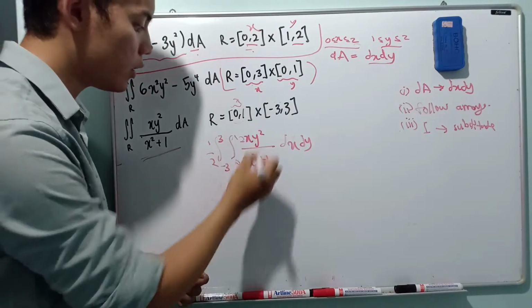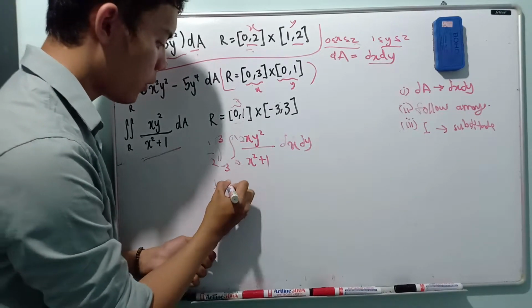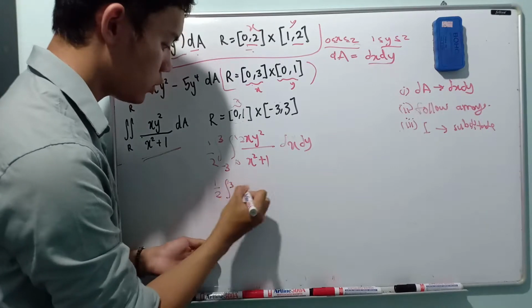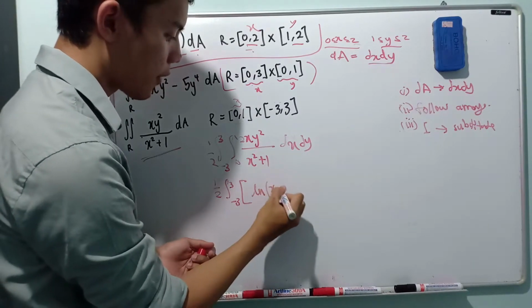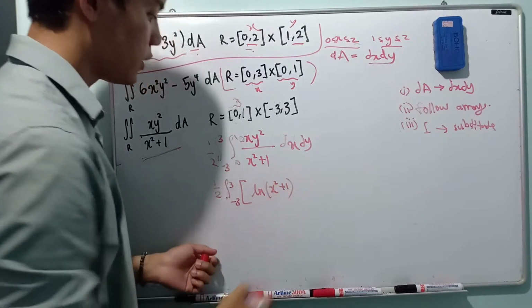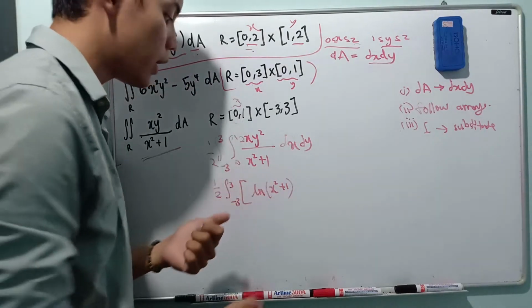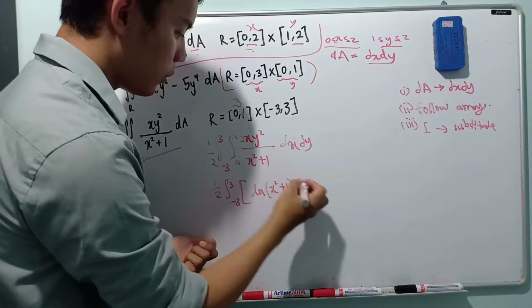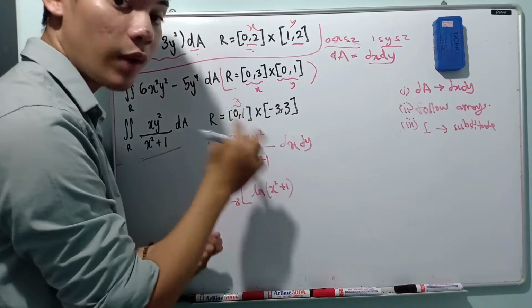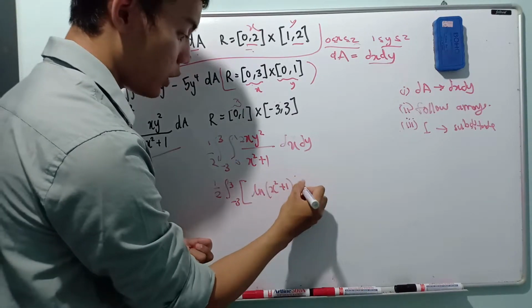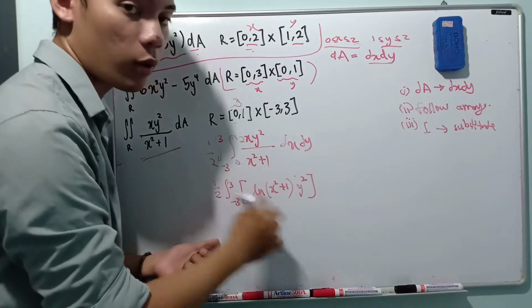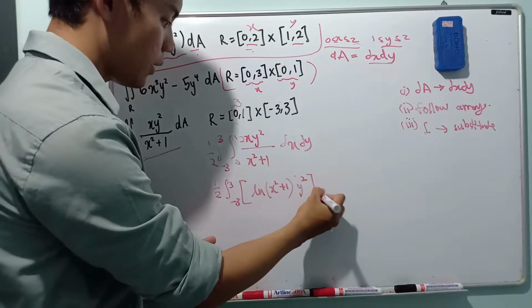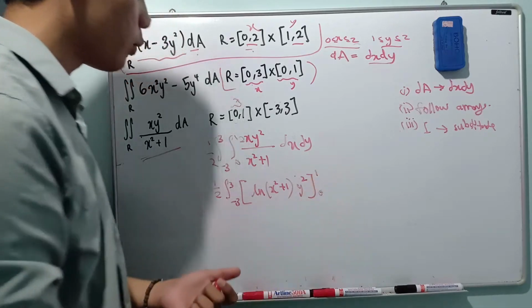When I integrate with respect to x, I'm going to get ln, just copying the denominator. My y squared is a constant, so I just put it here. It doesn't matter whether you put it in front or behind, it's the same. The limits are 0 and 1.